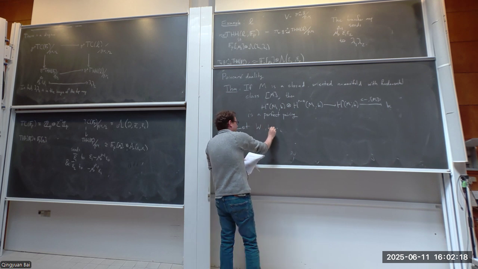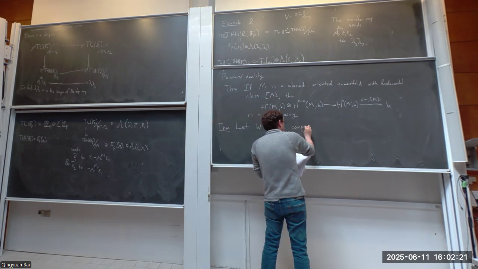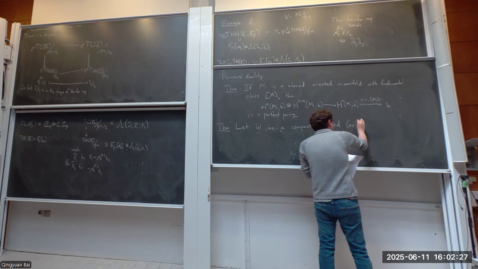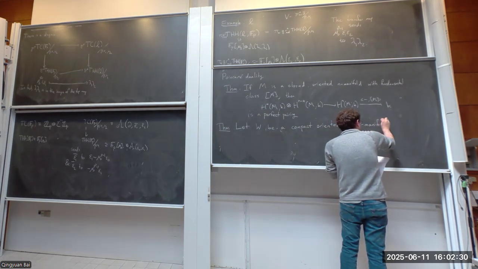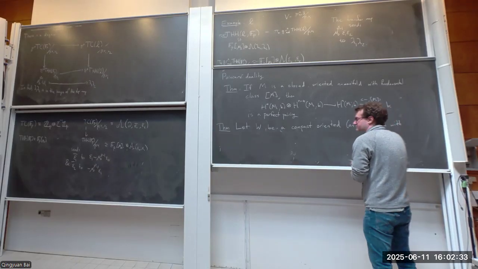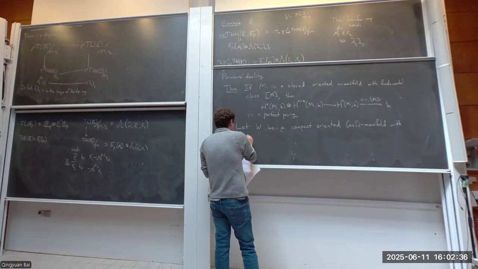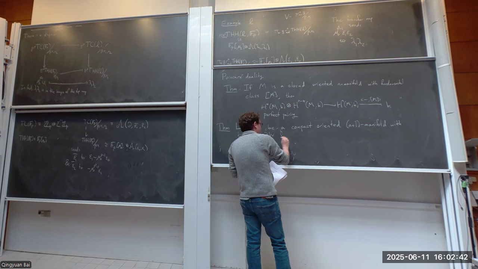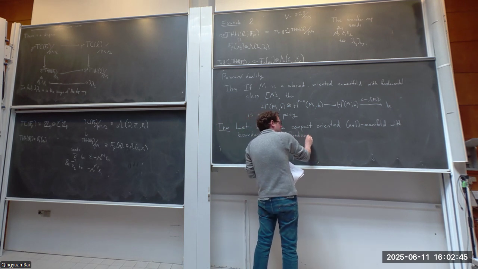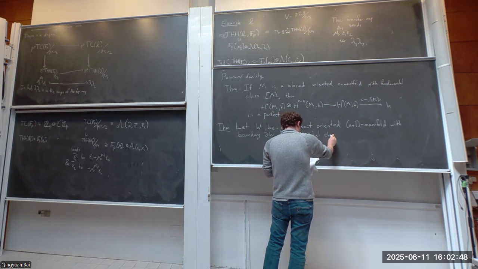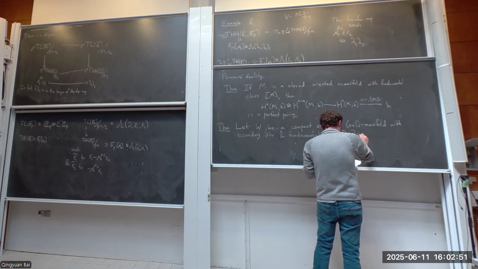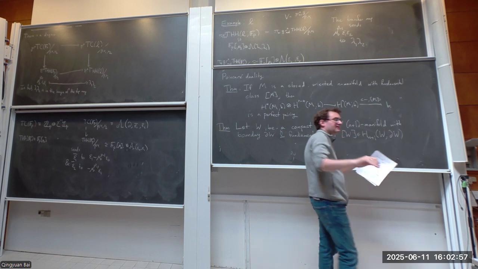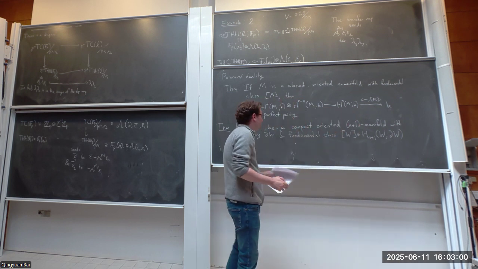Let W be a compact oriented n plus one manifold with boundary, and a fundamental class now, one class in the relative homology, like W with its boundary closed up to a point to give you an actual closed manifold.